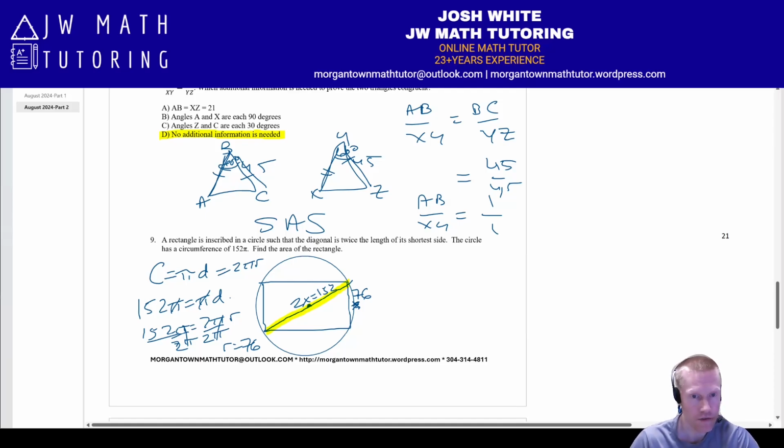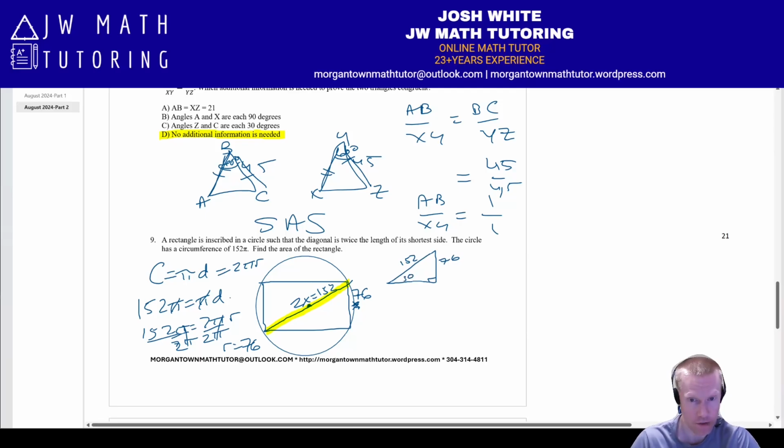Now, in order to find the area of the rectangle, we need to find the length of this third side. There's two ways you could do it. The quickest, easiest way is to recognize that this is a 30, 60, 90 triangle, because the hypotenuse here is twice the length of the shorter side.